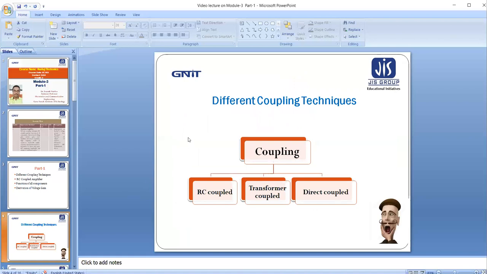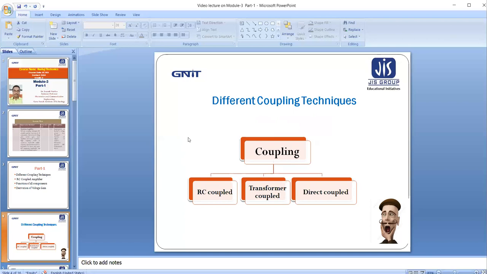The different coupling techniques are RC coupled, transformer coupled and direct coupled. Now, first of all, we have to know what is coupling. Coupling means attaching one thing from one place to another place.